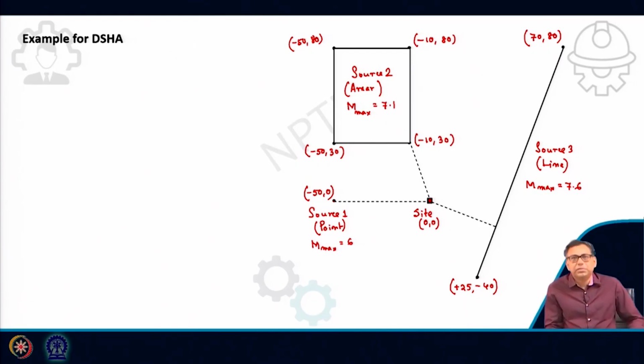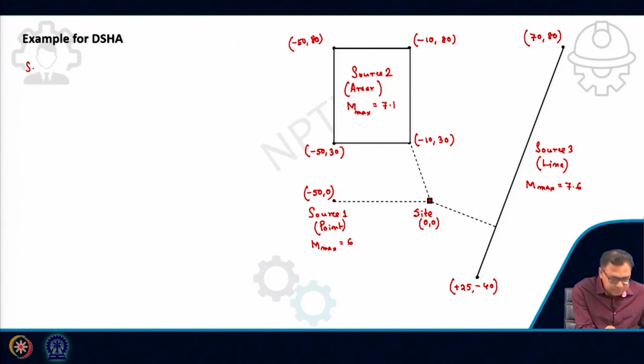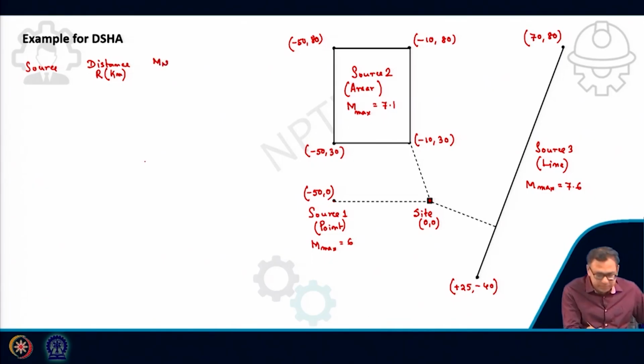Now for these I will make a table: source, distance, MW, PHA, and we can use the PHV also.